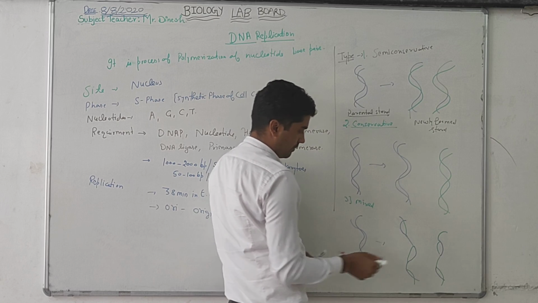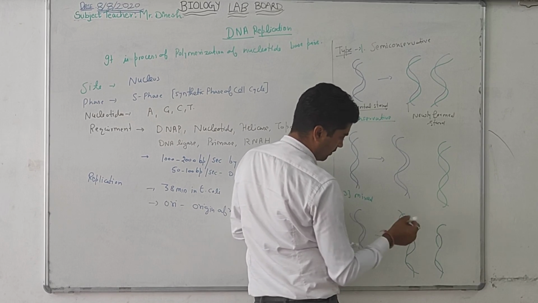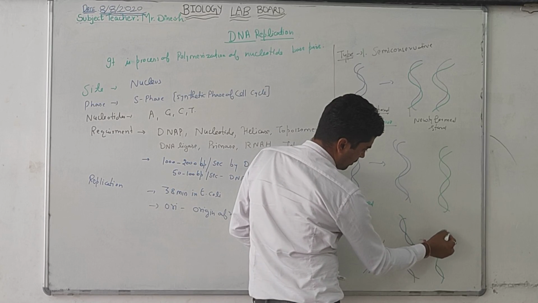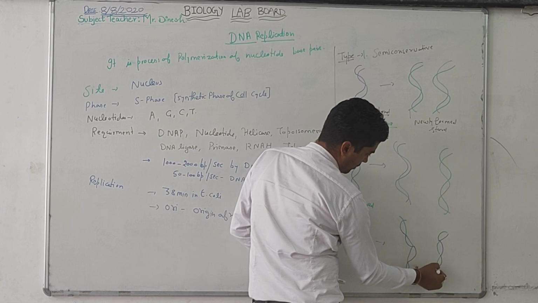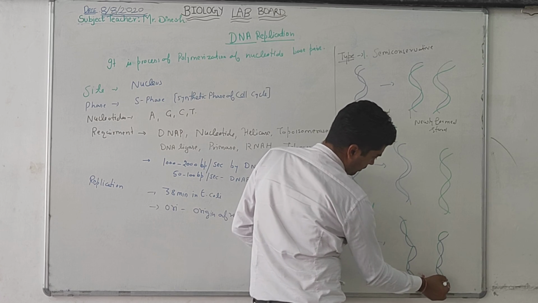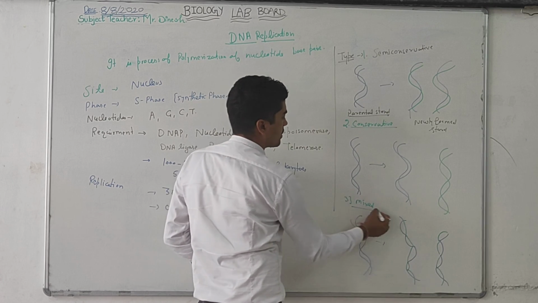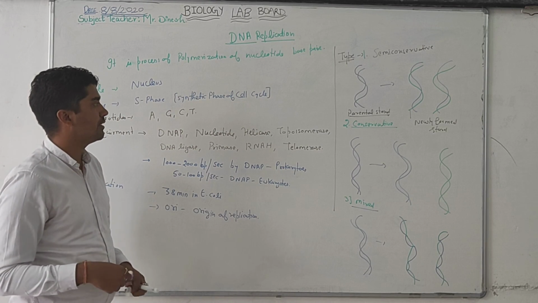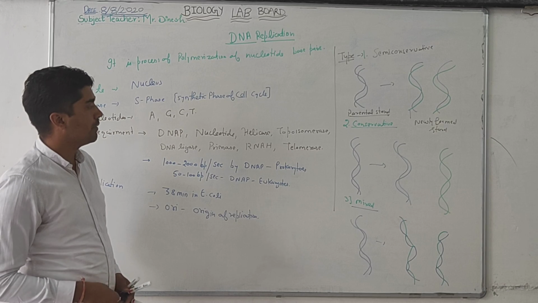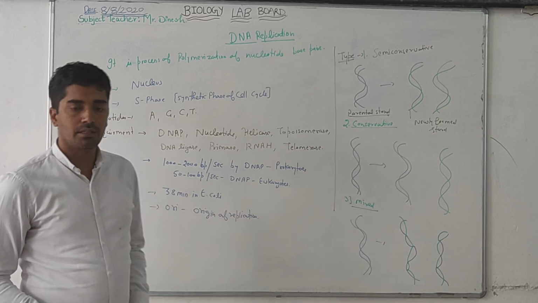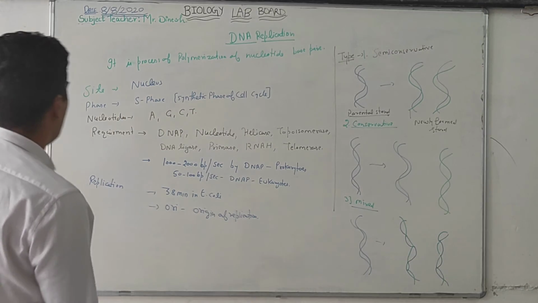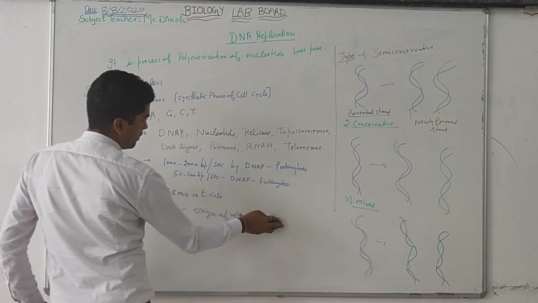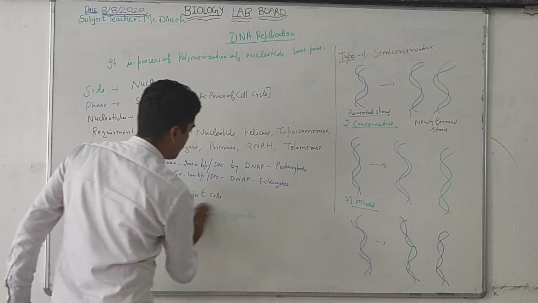So this is the mixed type, meaning a combination of both new and older strand. So this is one type of replication. Besides it, we will see other types. So I have to rub this one, I am rubbing this.